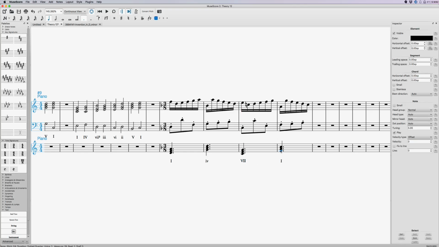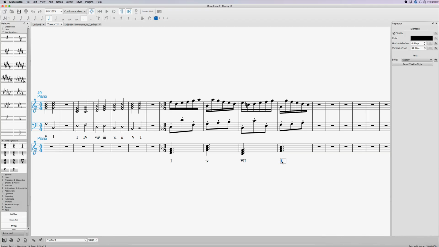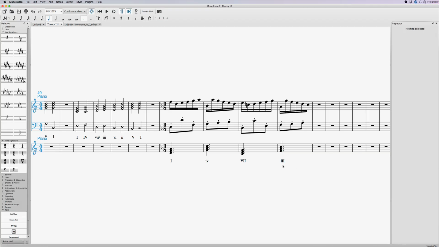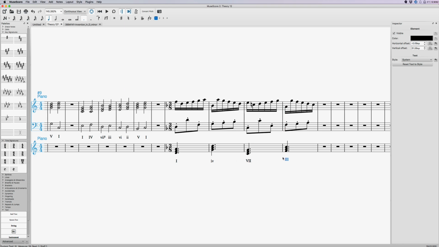It's okay. And this F is going to be a major 3. Okay, 1, 4, 7, 3. Does that look familiar to us? Look over here. 1, 4, 7, 3. That is a descending fifth sequence. That's what we've got here in these chords, right?